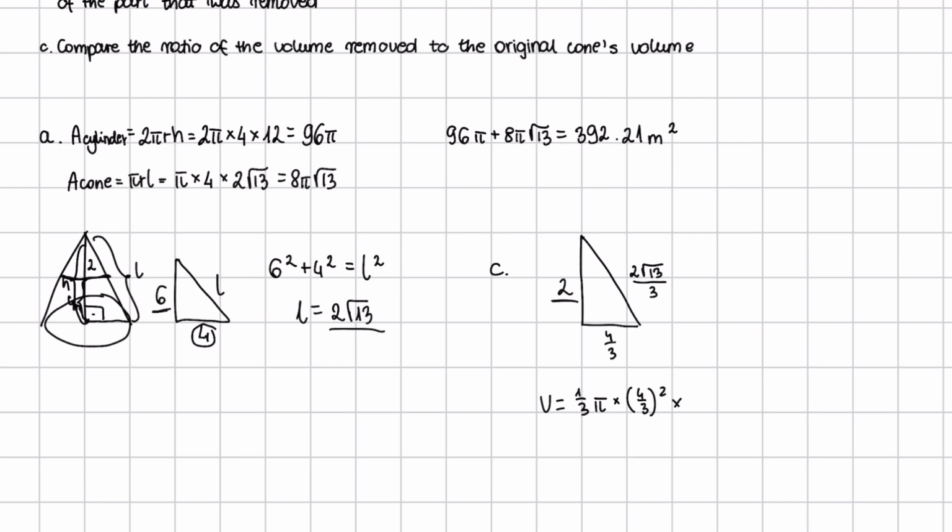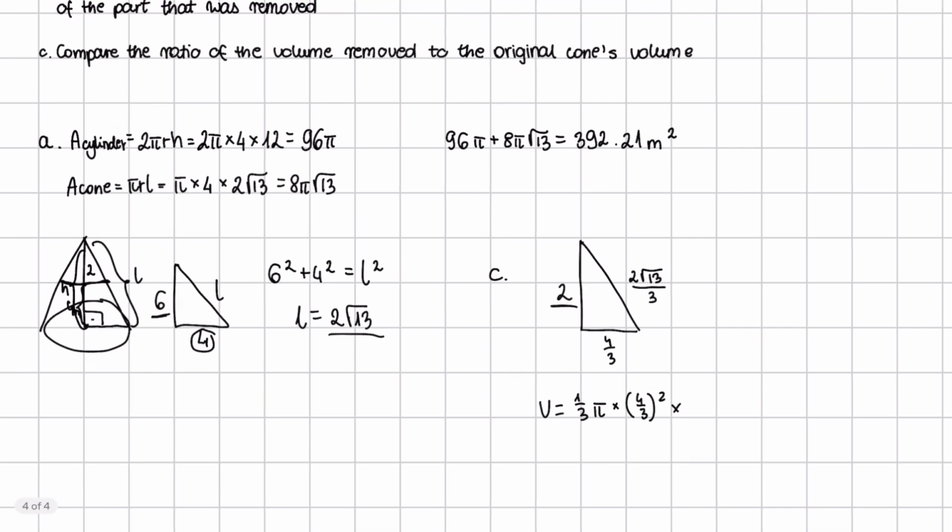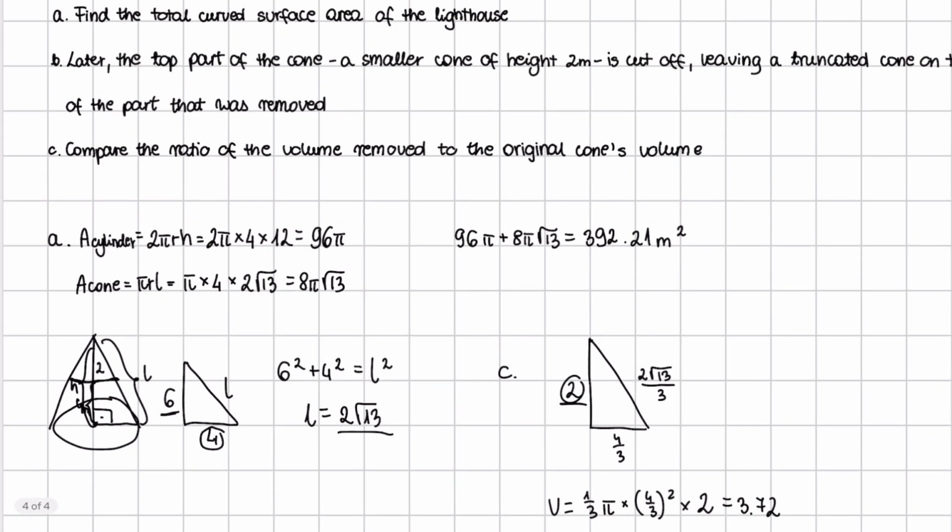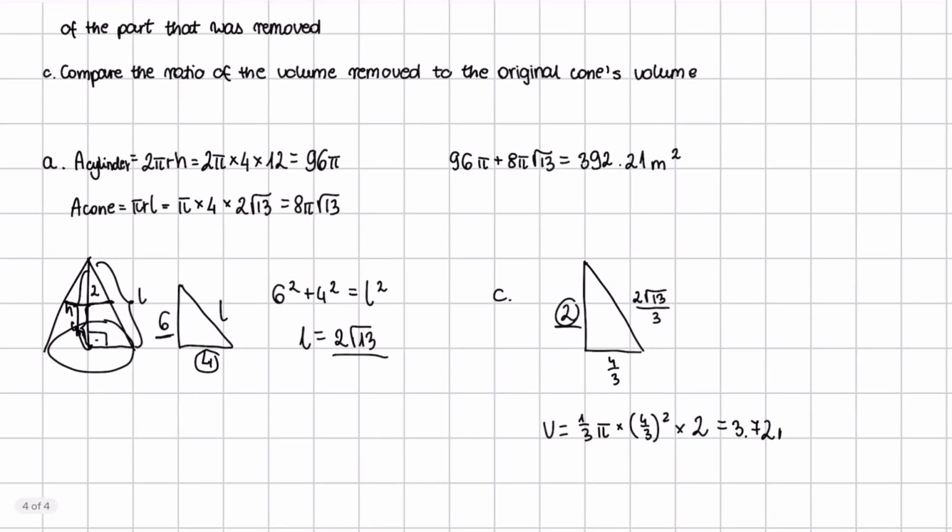And height is 2, because it's our new height, and now we can calculate it, and from our GDC we have 3.72, and here we have cubic meters.